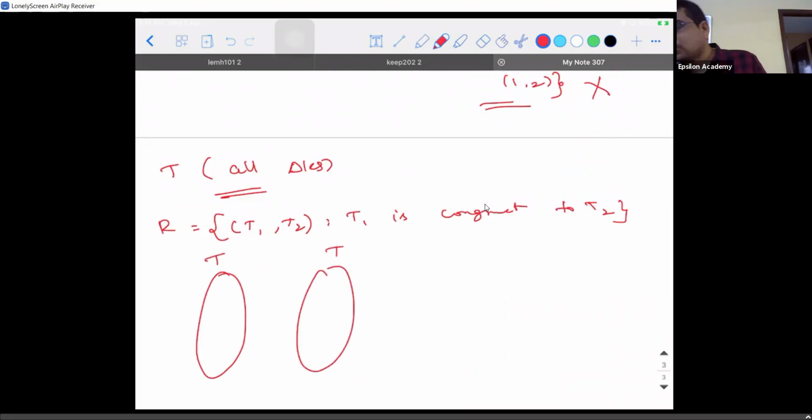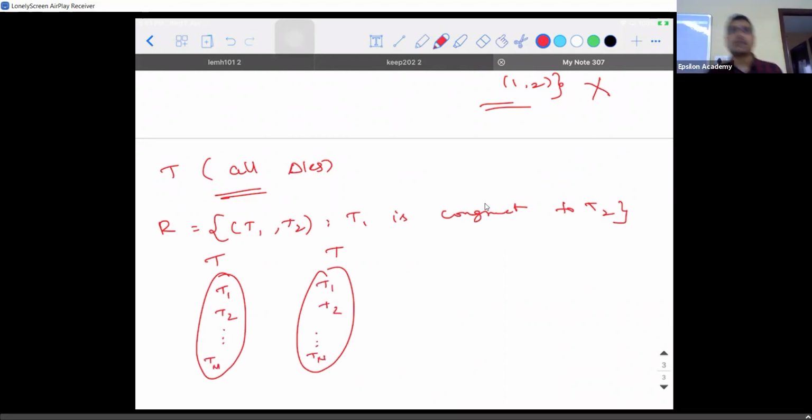Now I'm slightly changing it, okay? I'm not using the scaling, equilateral, all those things. If T1, T2, so on till Tn are there, here also you will have T1, T2, so on till Tn, right? T cross T. Tell me.